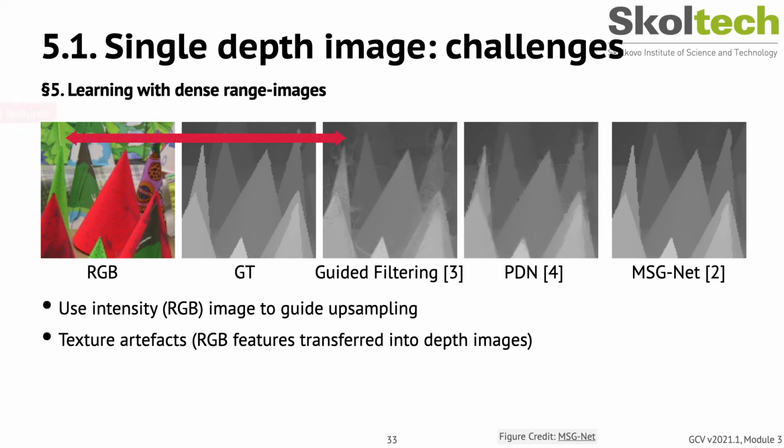Using image-guided filtering, features in intensity images are often over-transferred to the depth image at the boundaries between textured and homogeneous regions. To this end, we need to develop methods that are capable of recognizing features in the RGB image that must not be transferred to the super-resolved depth.